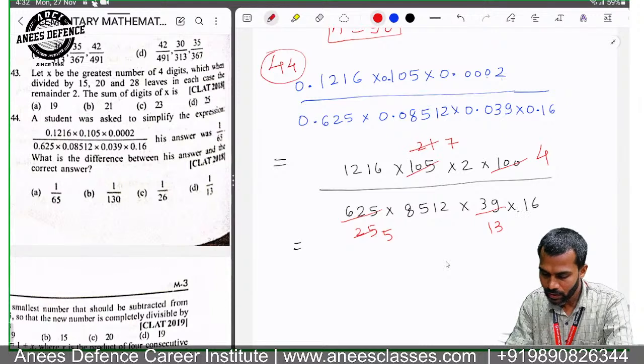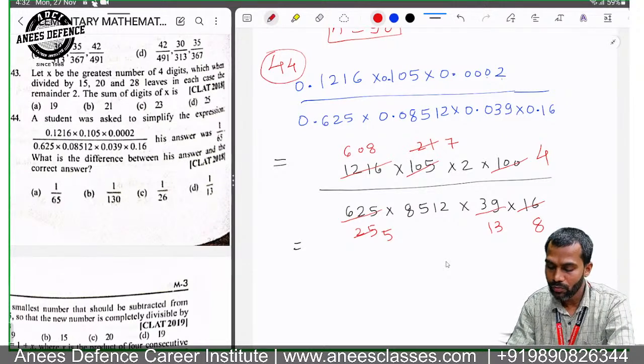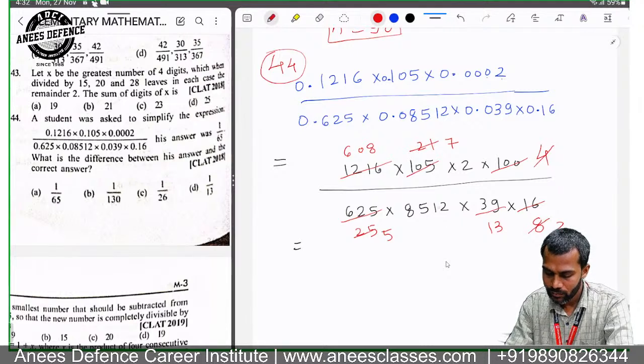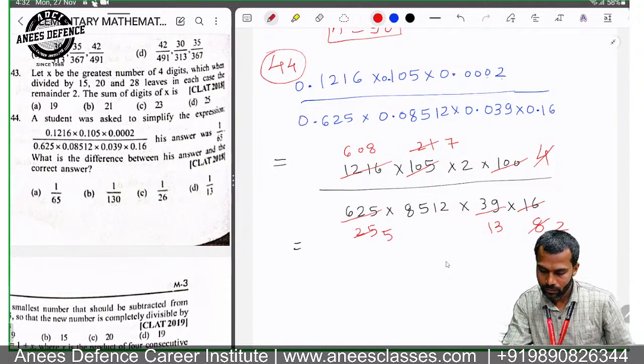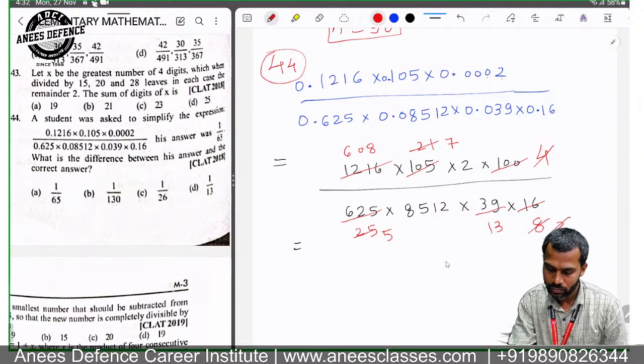Now next, this is 8 and this is, tell me, 608. Yes or no? And 4 2s are 8. 608 and 2, 304.